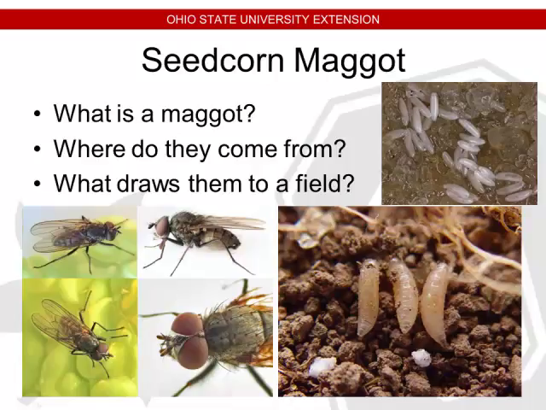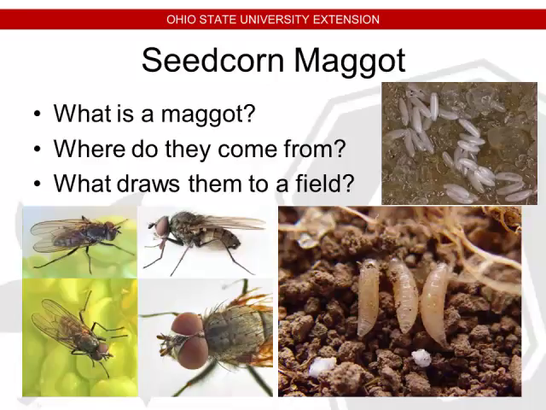In a no-till situation, there could be lots of material laying on the surface of the soil that is decomposing, that would attract the adult flies into the area, and then they would lay their eggs on the soil surface. And of course, the next thing that they could potentially be going to would be the seed that's in the seed furrow. And that's the adult fly there.